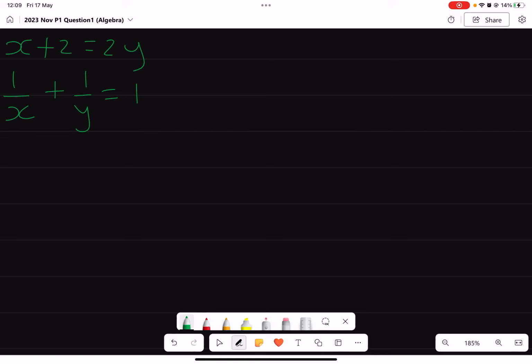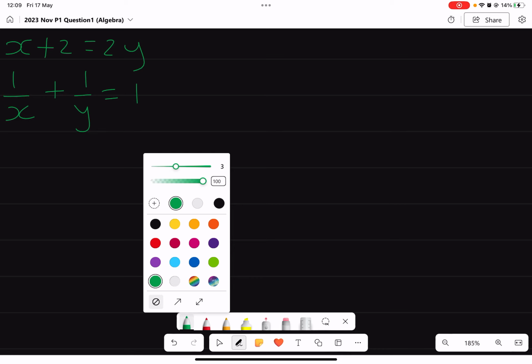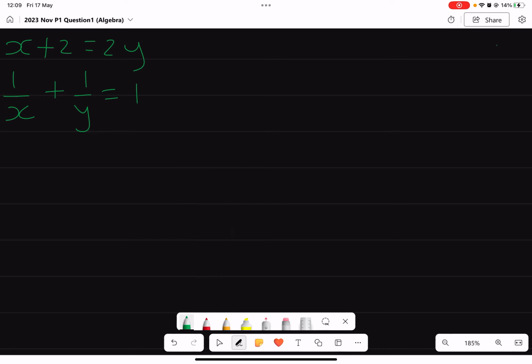So in your level, they'll always give you a linear equation and a certain type of curve, be it a parabola, a circle, an ellipse, and so on. You always start with your simple one, which is this one. I'll call it equation 1. This one I'll call equation 2.